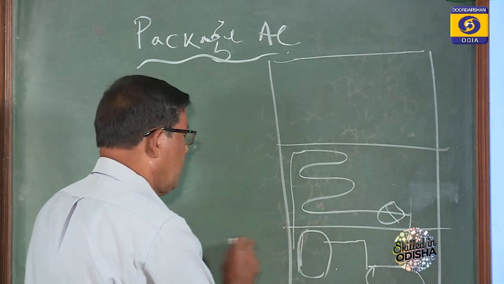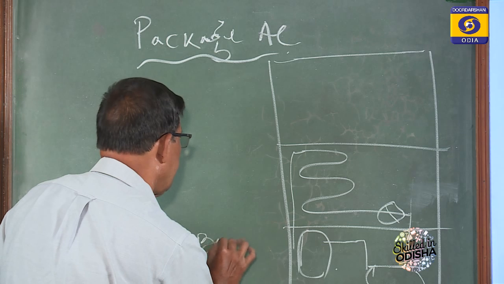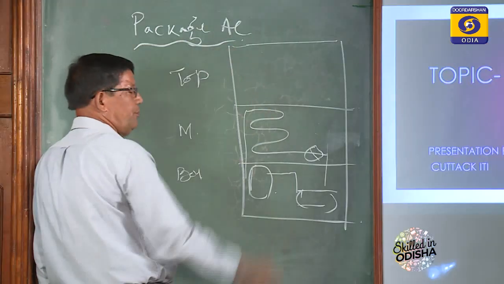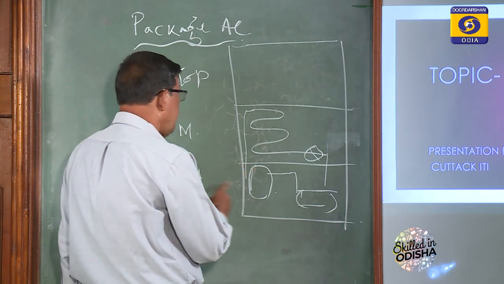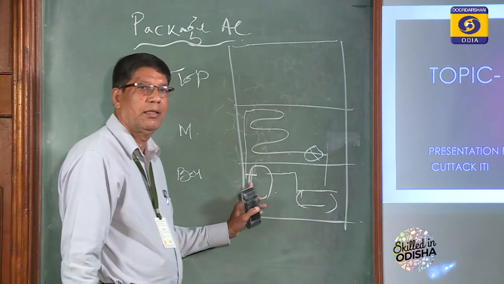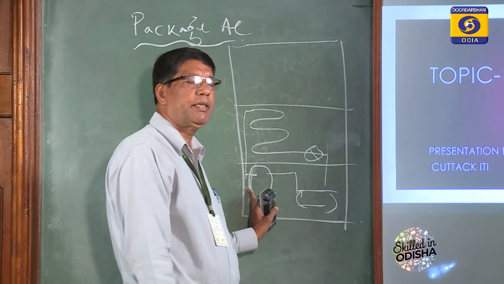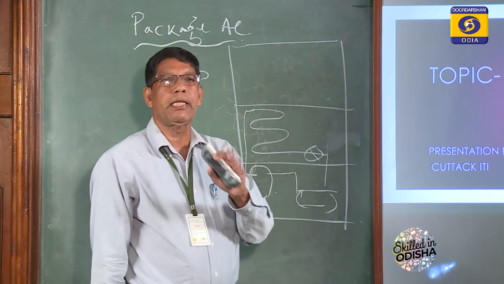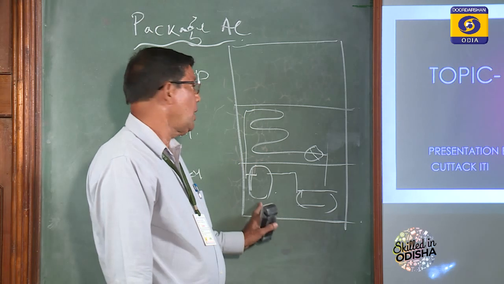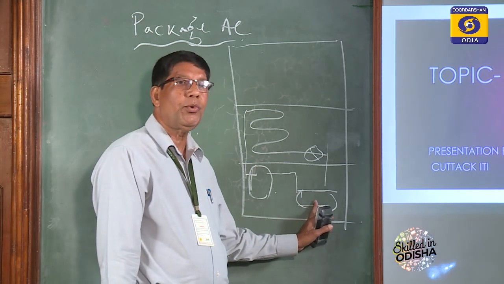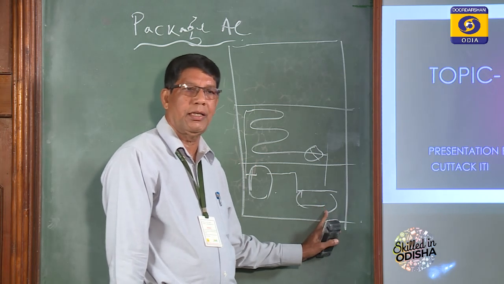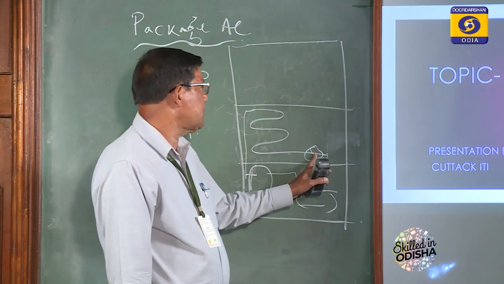It has a bottom unit, a middle unit, and a top unit. In the bottom unit there is a sealed compressor, which runs on three phase, that is 440 volts, and a water cooled condenser and expansion valve.